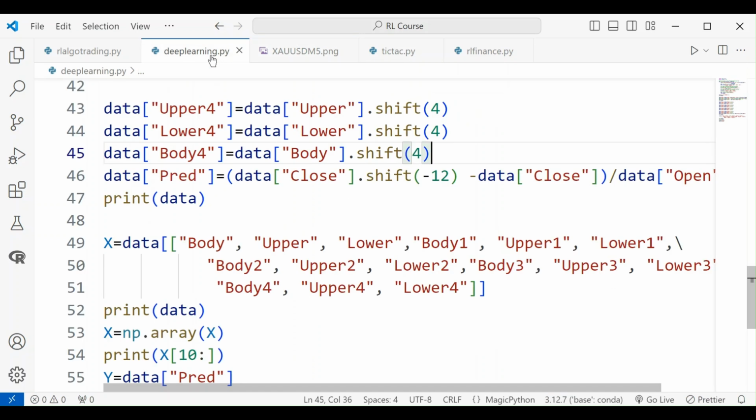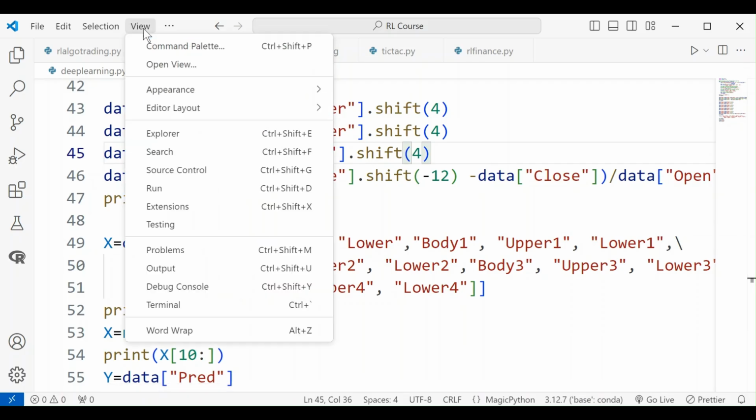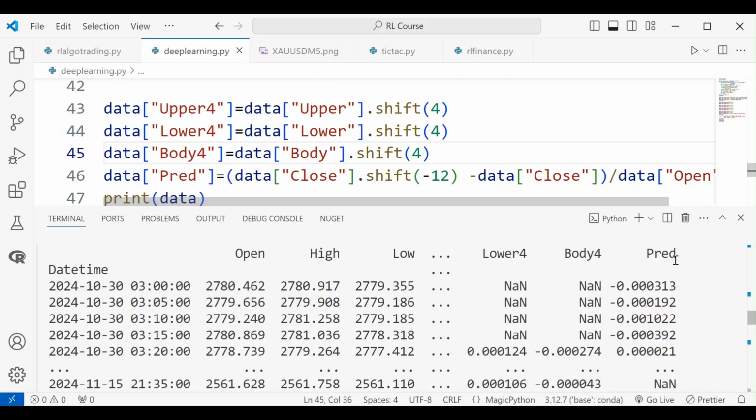This is how we make the prediction. This is the prediction column, now we print it. See, prediction column, this is the 1 hour candle, 12 5-minute candles later, that we have to predict.